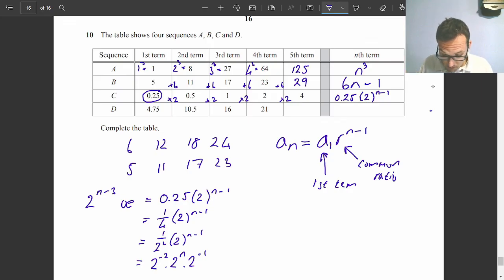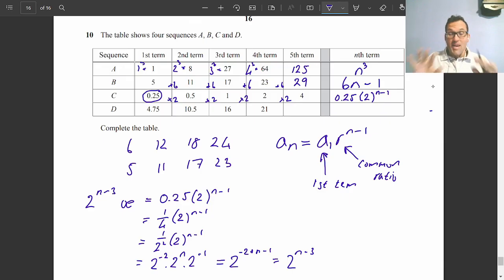Next step, of course, we have all the base numbers the same, so we can add it all together. So that's 2^(-2 + n - 1), simplified is 2 to the power of n minus 3. It's the same, and you'll get your marks if you wrote what I wrote there.